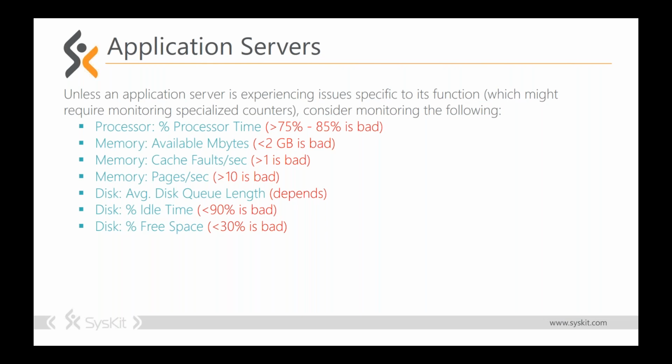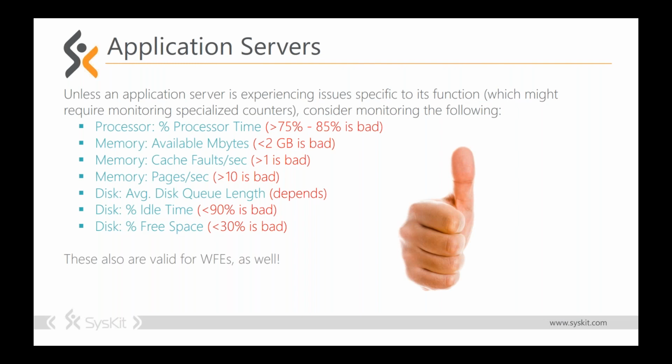But we can talk about things like idle time and free space. Naturally, we want our disks to be utilized. If you're at less than 90% idle time, you're probably running a little too hard. Less than 30% free space is also bad. Time to start looking at adding more storage or growing your LUNs.